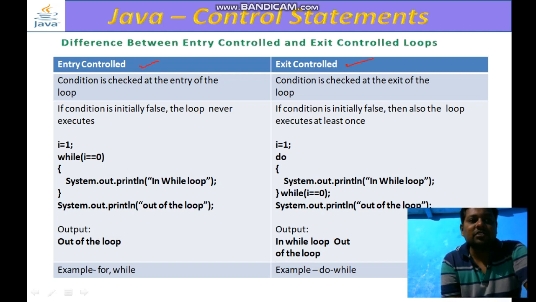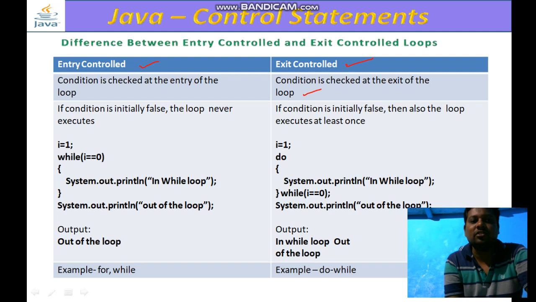Entry control loop means the condition will be checked first, at the entry point. If the condition is true, it will allow the loop body to execute. But in exit control loop the condition will be checked at the end, at the exit point. That's why it's called exit control loop.